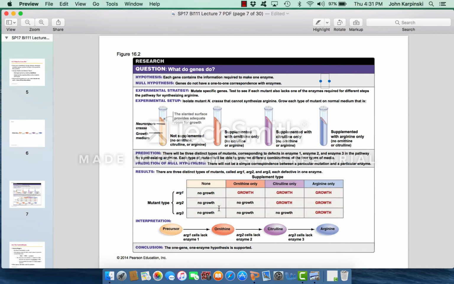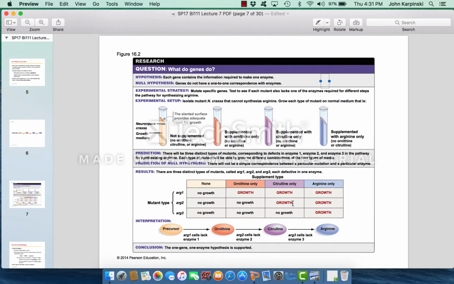If you look at the next row, you see that arginine 2 did not have growth when ornithine is present, but it did have growth when citrulline is present. Now, if arginine was produced when citrulline was present, that must mean that enzyme number 3 is working, because the only way to get to arginine is if citrulline is converted by enzyme 3 into arginine, right?